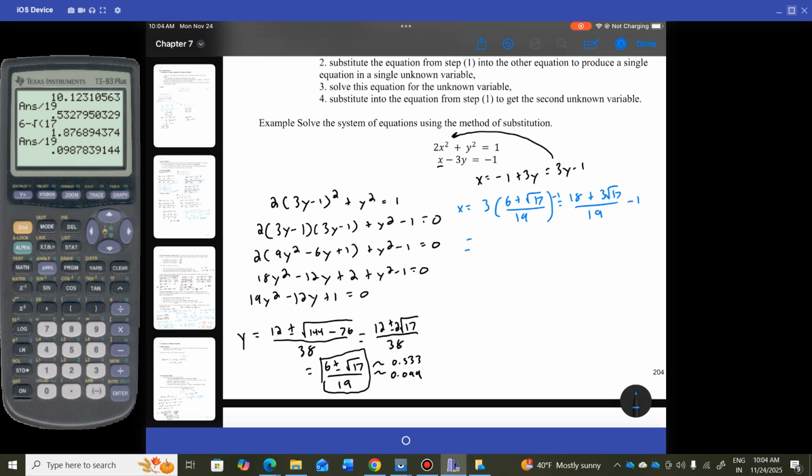And so I'll write this as 19 over 19, so this will be negative 1 plus 3 square root of 17 over 19. And so to get the exact value, you can plug this in.